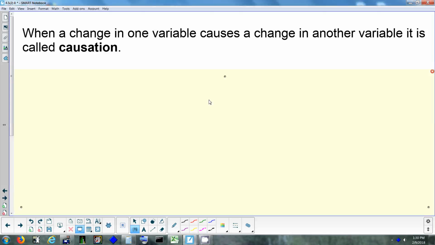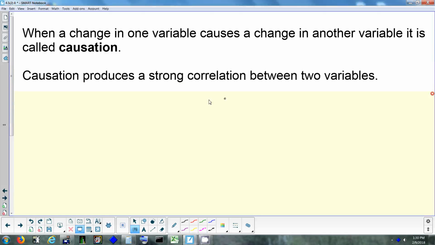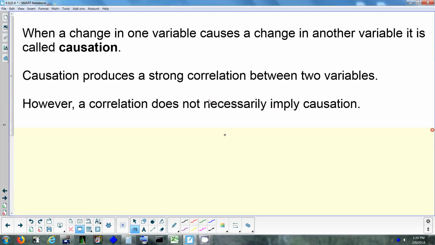Okay, so causation means that if one thing changes, the other thing has to change. What you guys have to understand is the difference between the word causation and correlation. Causation means as one thing changes, another thing has to change.